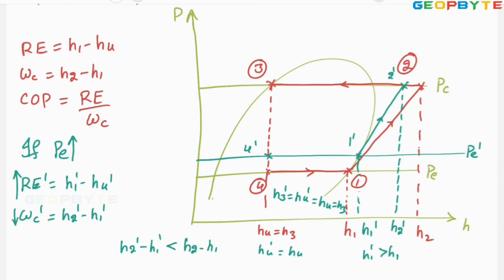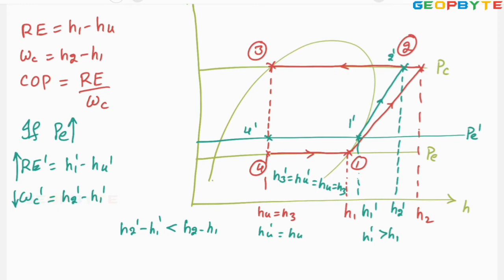Therefore, work required for compression decreases. Then what about the COP? COP equals refrigeration effect by work required for compression. Because of the increase in evaporator pressure, the compression work is decreasing.